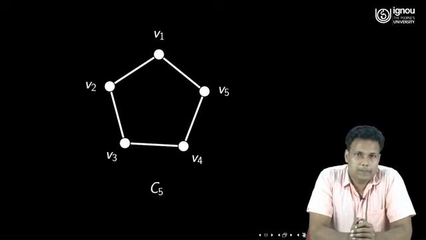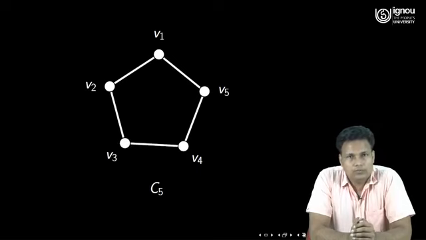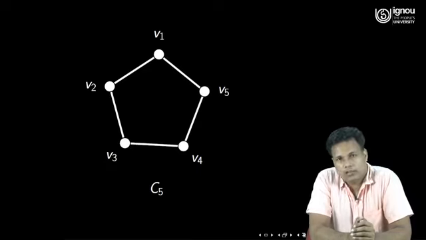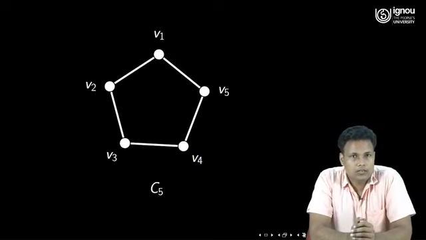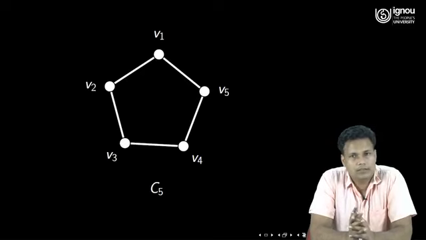Now look at this graph. It is the cycle C5, a cycle of length 5. Suppose you put the vertex V1 in one partite set, let's say X, then the vertices V2 and V5 cannot be put in X, and let's put them in another partite set Y. Now V3 and V4 are adjacent, so they cannot be put in one partite set, but they cannot be put in Y as well, because V3 is adjacent to V2 and V4 is adjacent to V5.